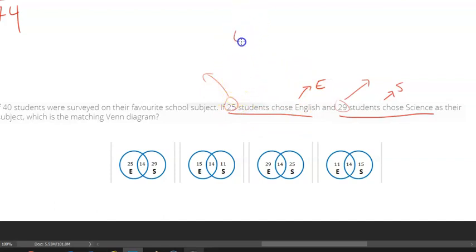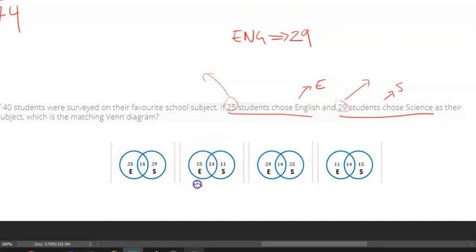We know that English, I just put ENG for short, belongs to 25 people. And if we look at this category here for English, regardless of whether they like science or not, all we need to do is add these two amounts up to get our English amount for this Venn diagram here.